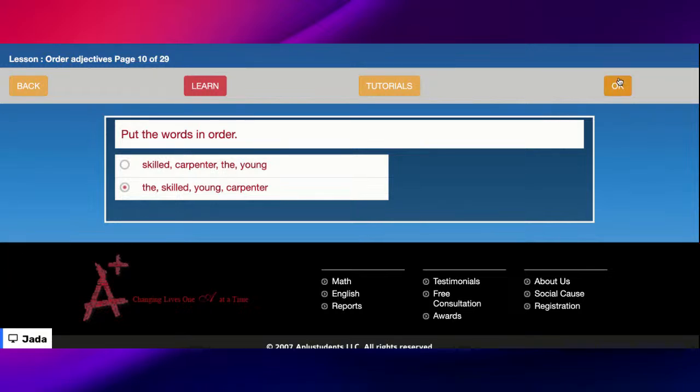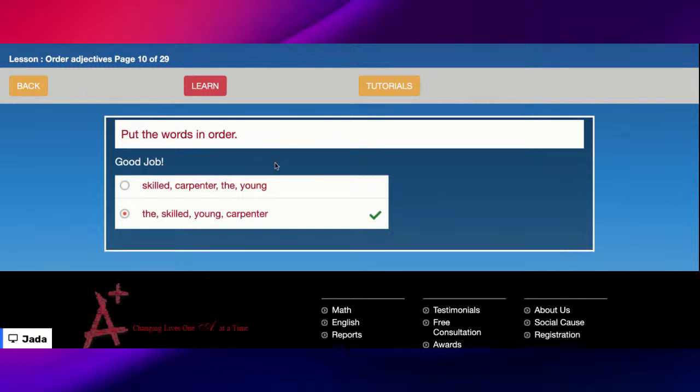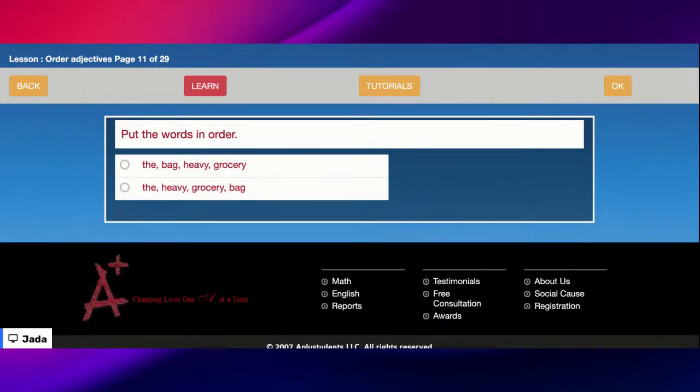Okay, so: heavy, the, bag, heavy, grocery. Which one? What's the right answer here?